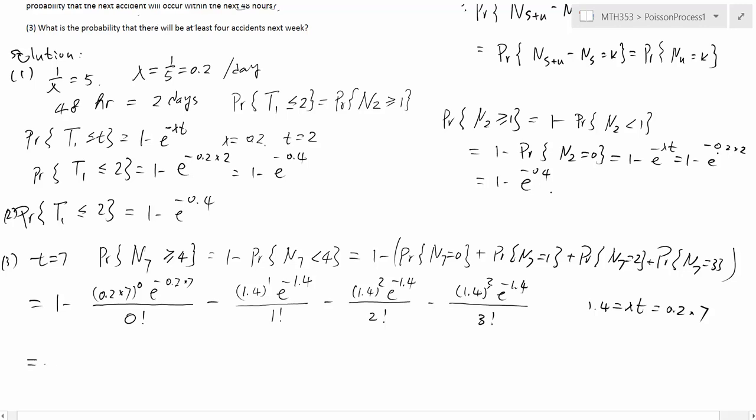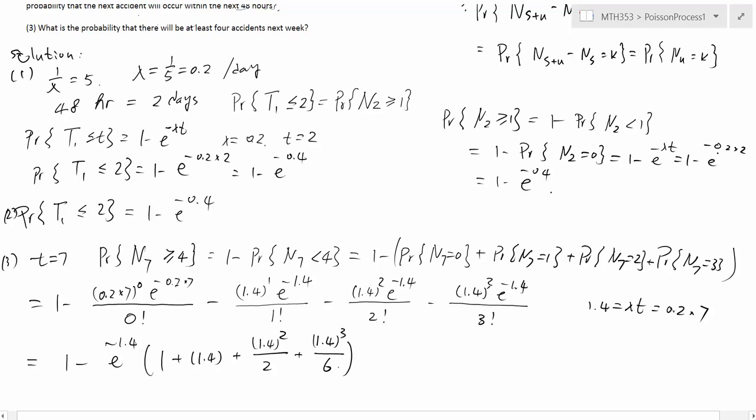If we simplify this expression a little bit, this is 1 minus, and we can pull out e to the negative 1.4. Inside we have 1, then 1.4, then the next one is 1.4 squared over 2, and the next one is 1.4 cubed over 6.